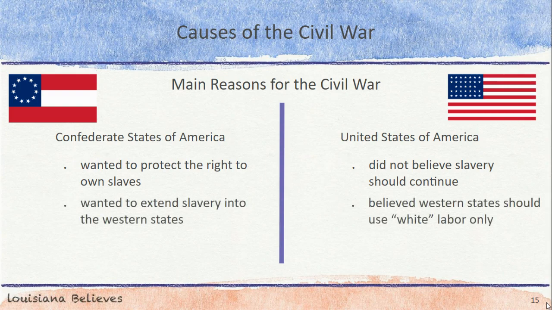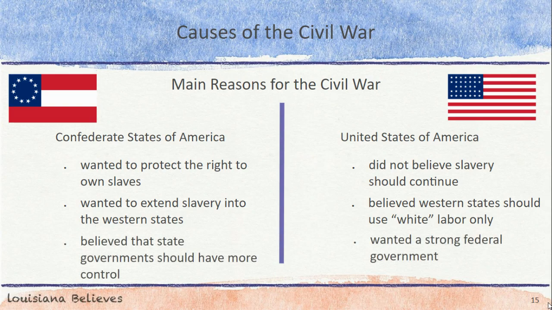Additionally, the farmers in the South wanted to take their slaves with them when they bought land and expanded into the western states and territories. The North wanted only white labor to be used. The southern states believed that each state should be able to make decisions about issues like whether or not slavery was legal. Most people living in the northern states believed that slavery was a national issue, not a local one.